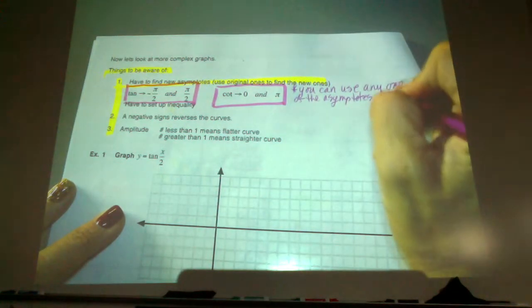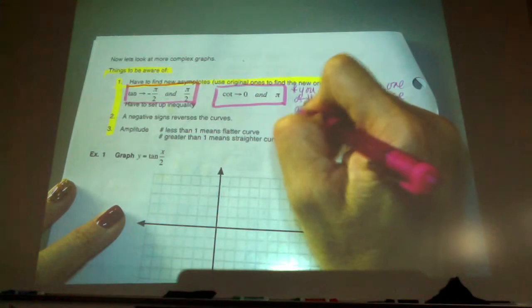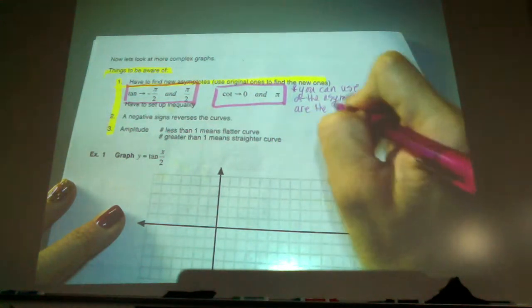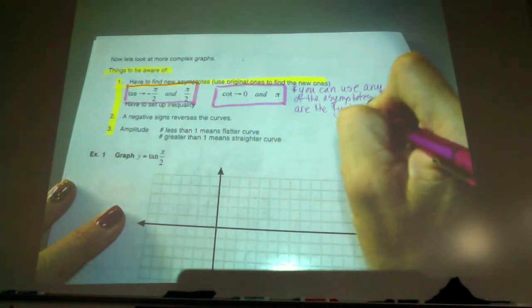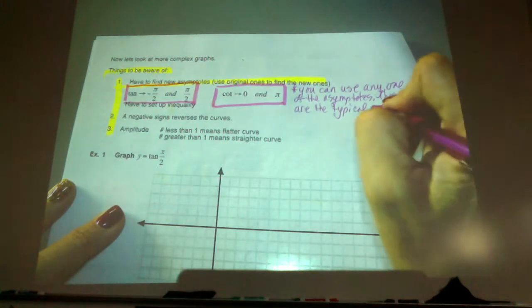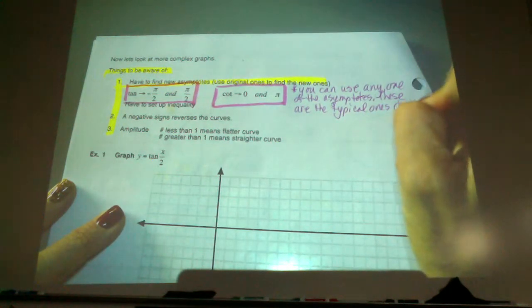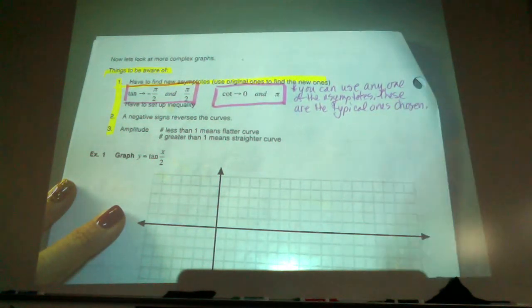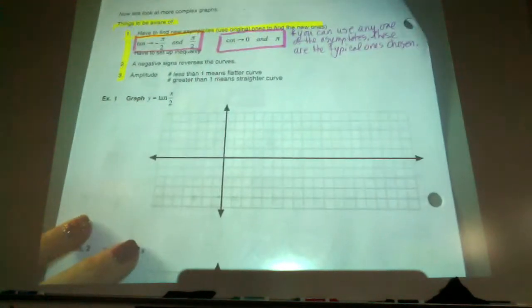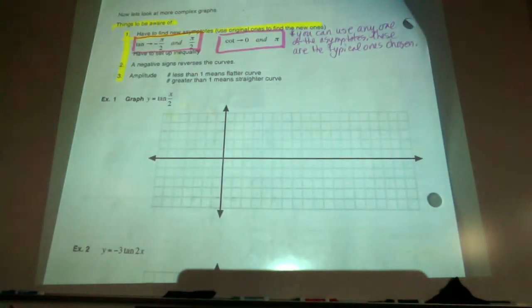These are the typical ones chosen. Any ones that you want, you don't have to use those two, but you need to use the two that are the same distance apart as every other one. But my suggestion would be to use those two.